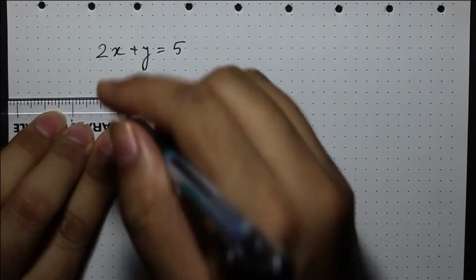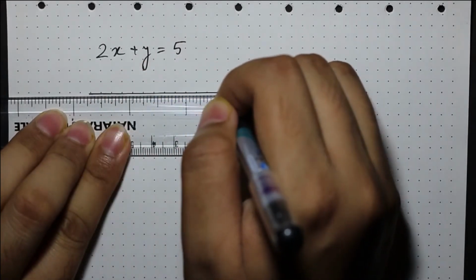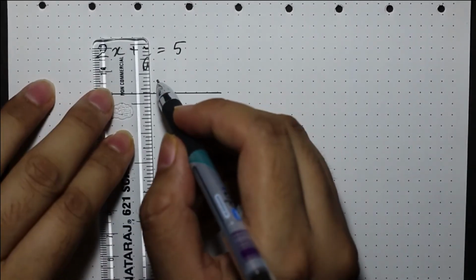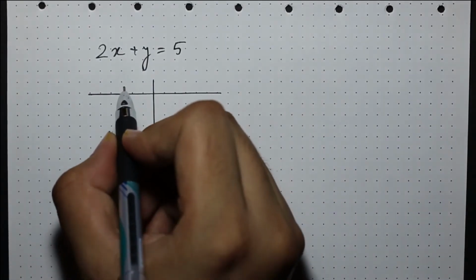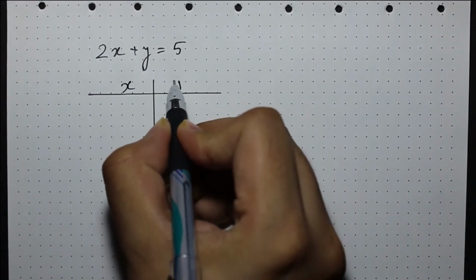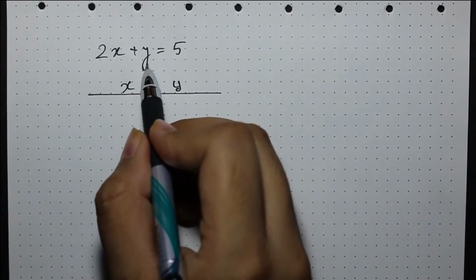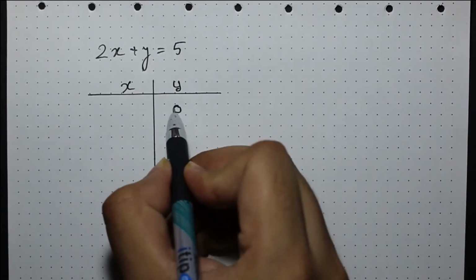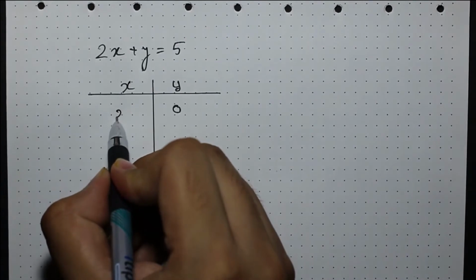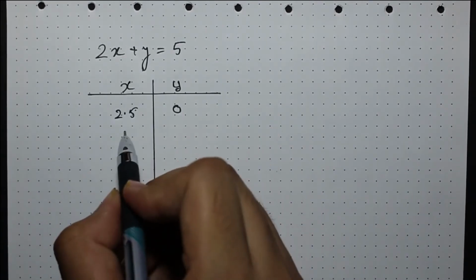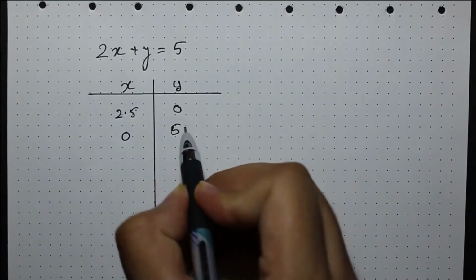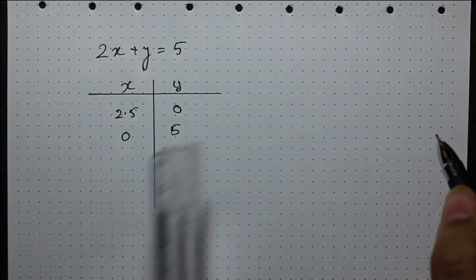So we'll create a chart and put the values of these variables in it. Let's assume y and x. When y equals 0, then x will be 2.5. When x is 0, then y will be 5.